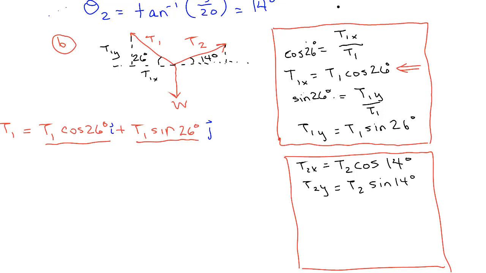I can come back over here and say T2 is going to equal T2 cosine of 14 degrees. I'll put the I in a minute. T2 sine of 14 degrees J.